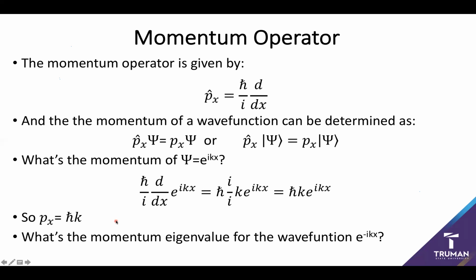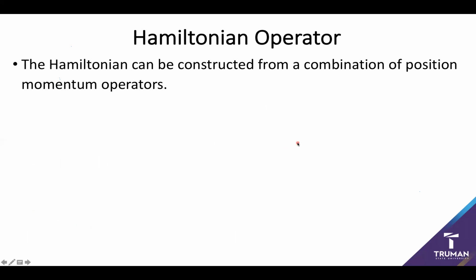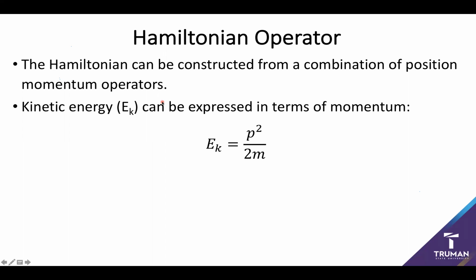Now, with these two operators, momentum and position, we can pretty much construct almost any other operator we'd ever want. But the one we're usually most commonly after is going to be the Hamiltonian, which again is constructed from position and momentum operators. So an easy place to start is kinetic energy. We're going to ignore any potential energy and just focus on our kinetic energy term.